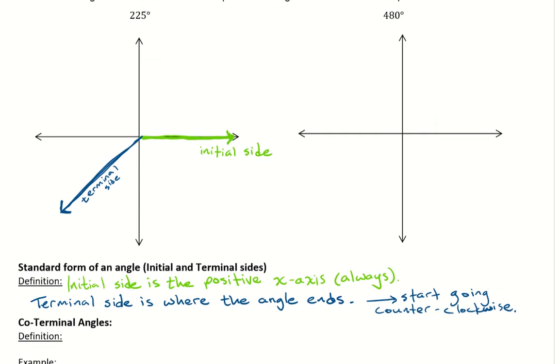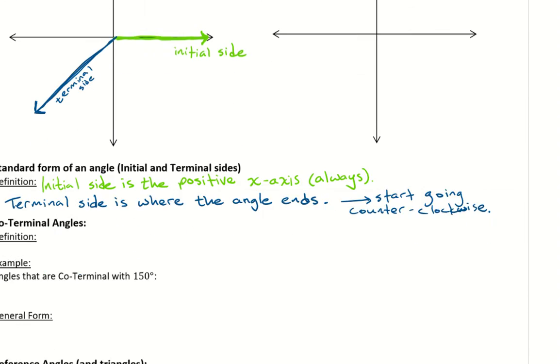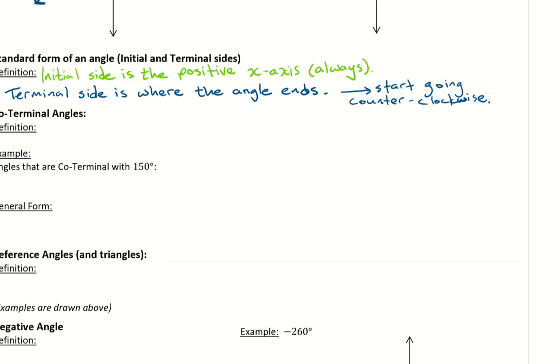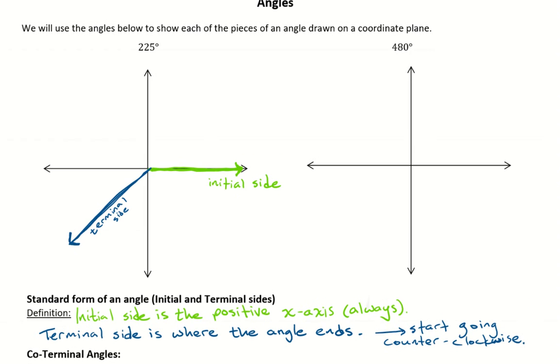So now if we go back and look at this other problem, we've got 480 degrees as our angle. Let's talk about what coterminal angles are first. Coterminal angles are angles that end in the same place. 480 is more than 360, so we're going to go around the circle more than once.